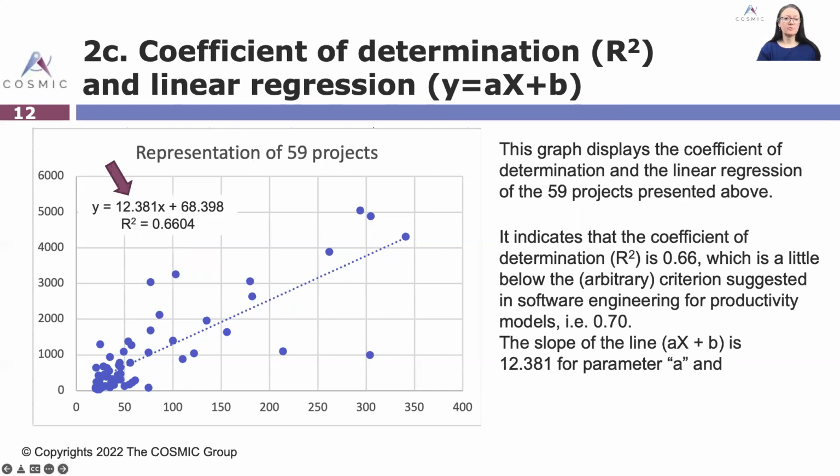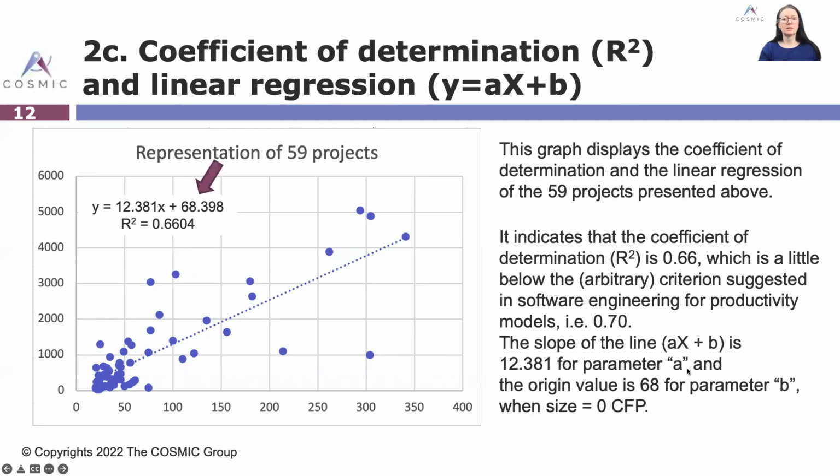There's the slope of the line, the line being AX plus B, which is 12.381 for parameter A, and 68.4 for parameter B. That is when COSMIC size is 0.